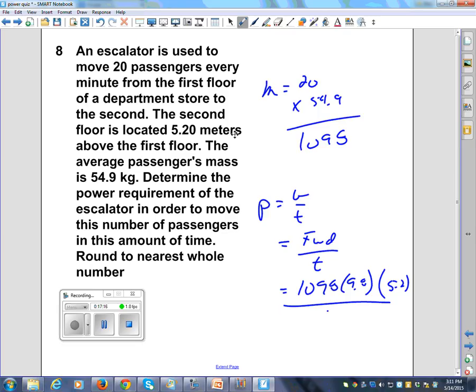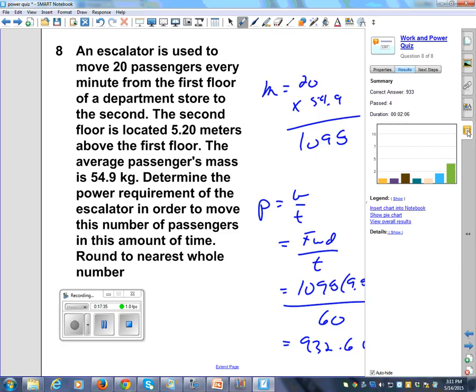So divided by 60. So that number times 9.8 times 5.2 divided by 60. 932.6 watts. Am I right? Is that what you got? Oh, nearest whole number.